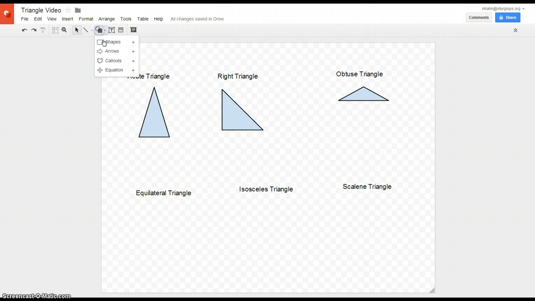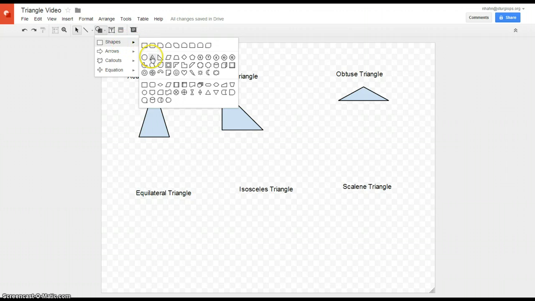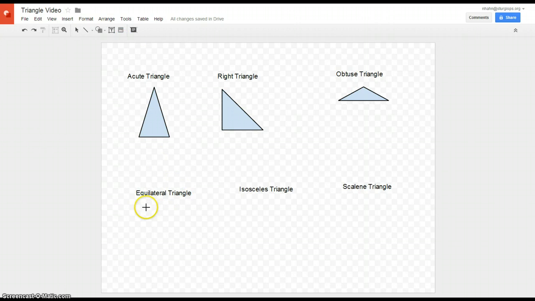If we're going to draw that, this is a little difficult because we want to make sure all sides are equal. So we're going to have to visually determine whether those are all about the same size. In this case, they look to be about the same size, so I'm going to call that an equilateral triangle.